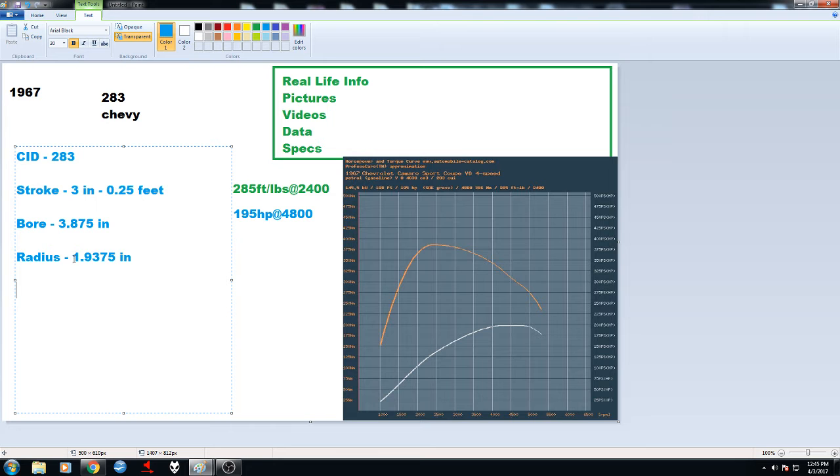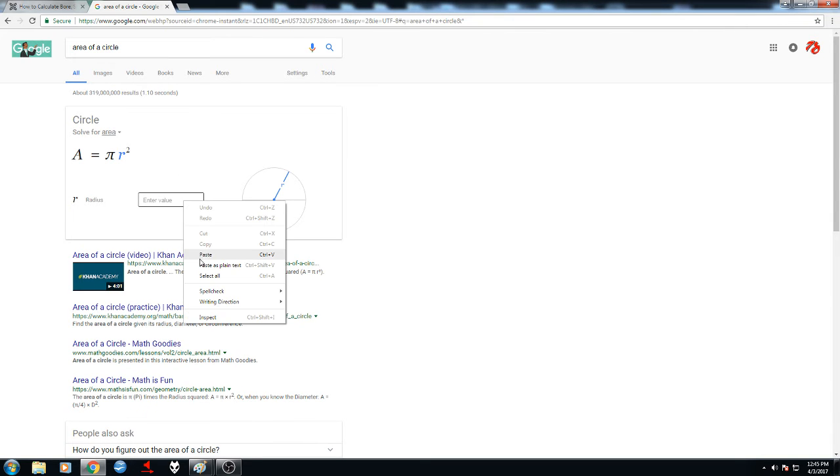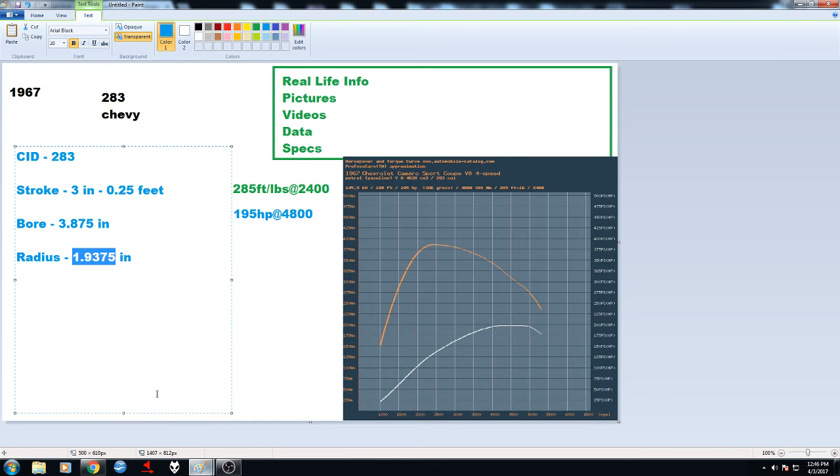Now we input this radius number into area of a circle, pretty much your piston area. Paste that, and we got an area of 11.79. Let me call it piston area, 11.79. That's inches squared. I'm just gonna call it like that. What else? I believe this is it.